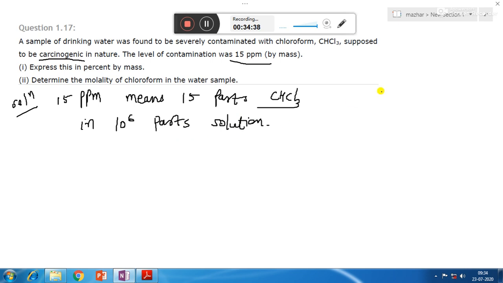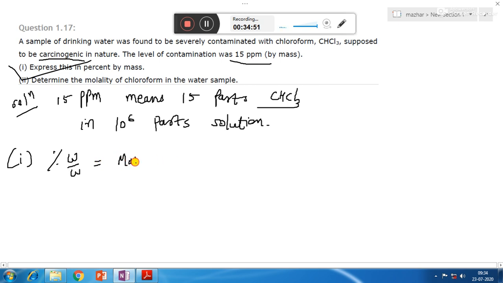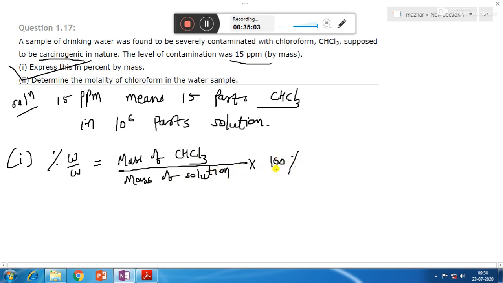Now first we have to find out percentage by mass. So number 1 is percentage weight by weight. That is equal to mass of solute, that is mass of chloroform, divided by mass of solution, into 100%.